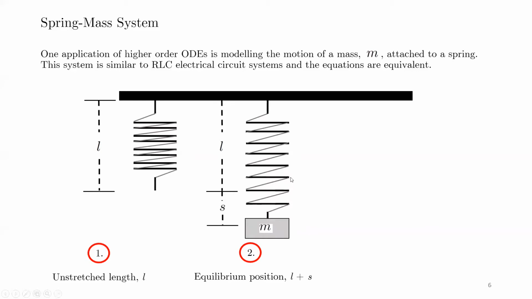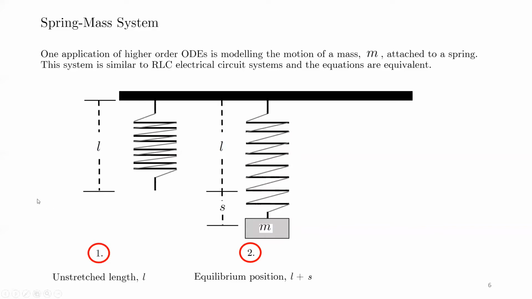So now with this spring and the mass attached to the bottom of the spring, the position where the spring is extended but it's not moving anymore is called the equilibrium position. And this is at the length of the spring plus this extension due to the mass. So L plus S is the equilibrium position for this mass spring system.